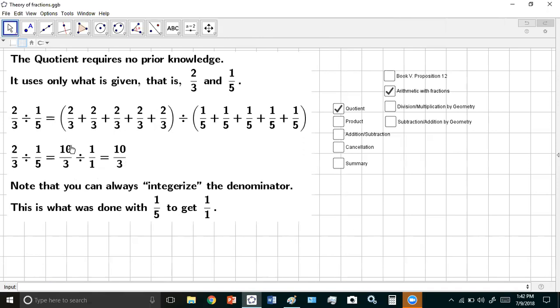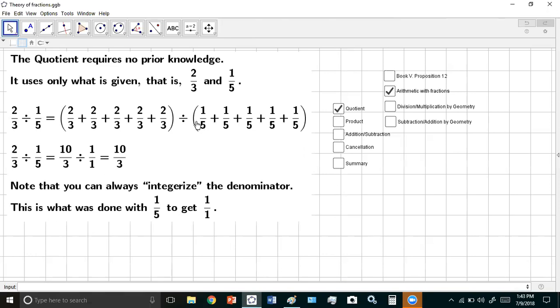So it is 10/3 because we've got 1, 2, 3, 4, 5, and 5 times 2 is 10, right? Alternatively, in this particular case here, we could have said 10 over 15, right? And 5 over 25.